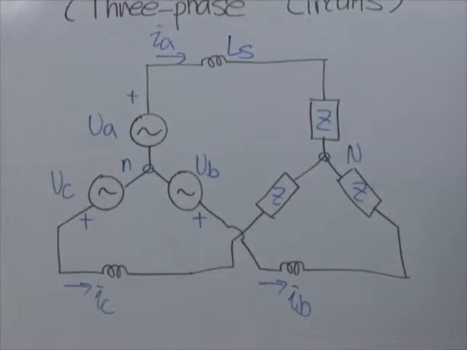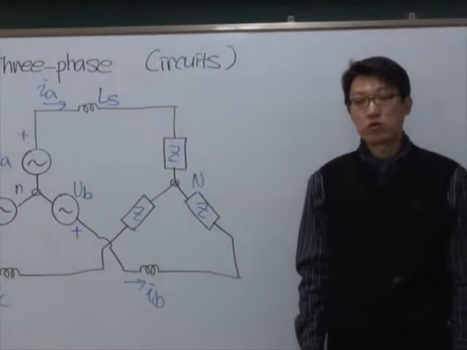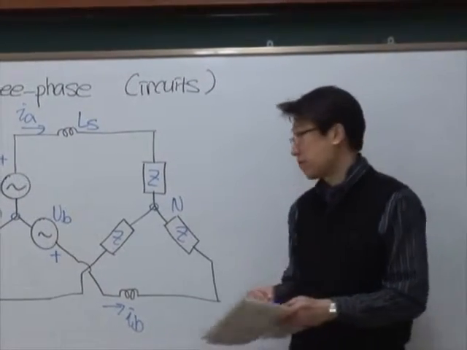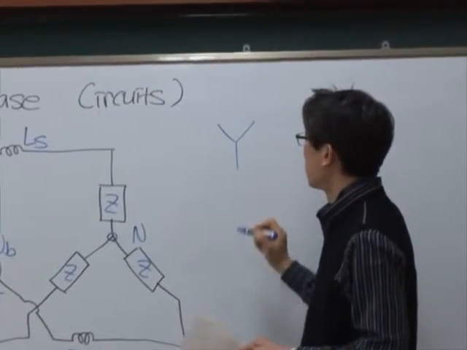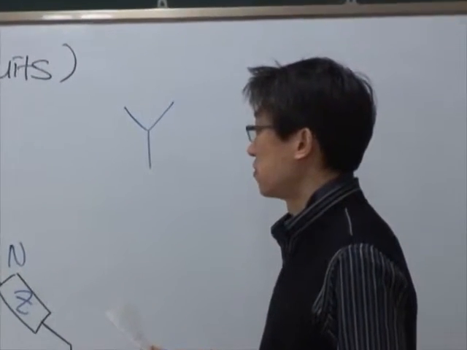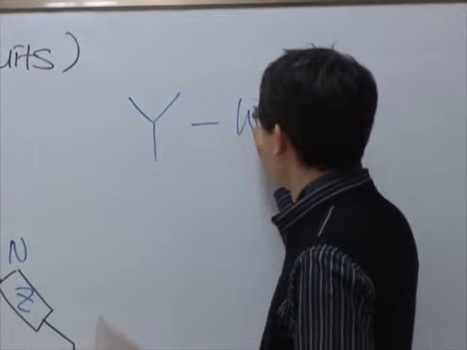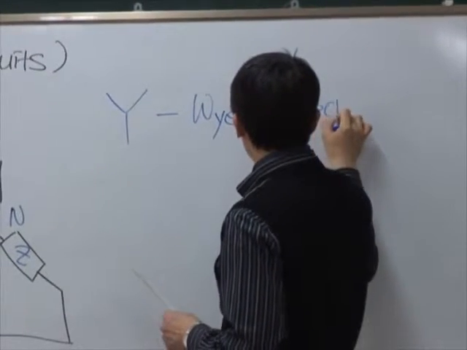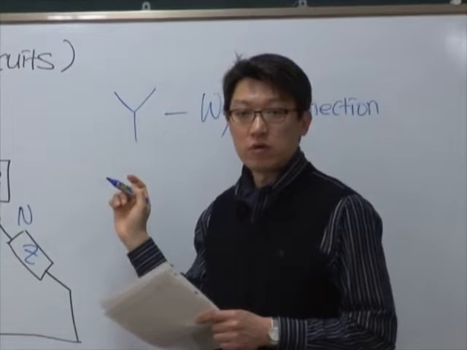In a three-phase system, we have two different kinds of connections. One is the so-called star, or sometimes called Y connection. And what's the other connection method?